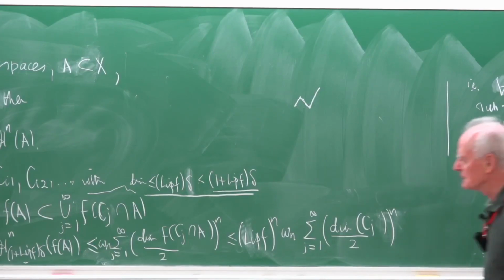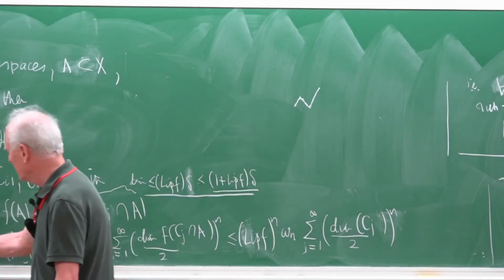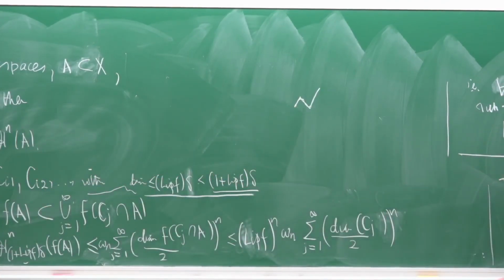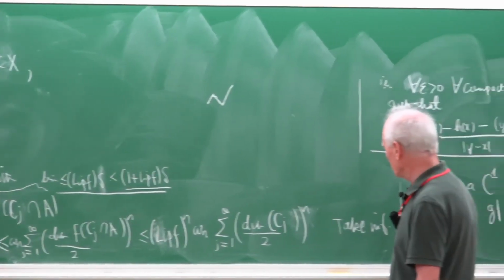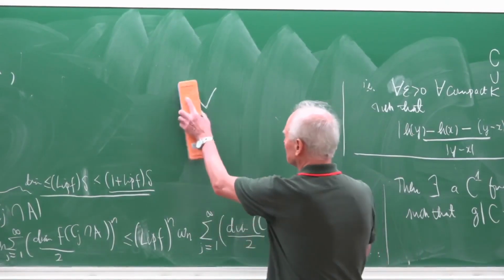There we are, so we have that for any collection of C_j's that you like to name which contain A with diameter less than delta. Now just take the inf over all such collections. And then what does that actually give us?